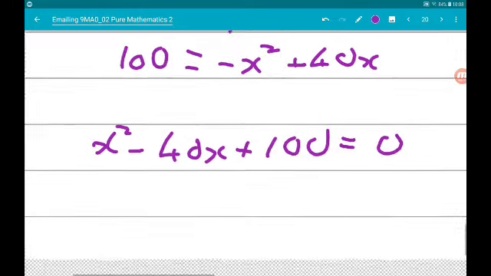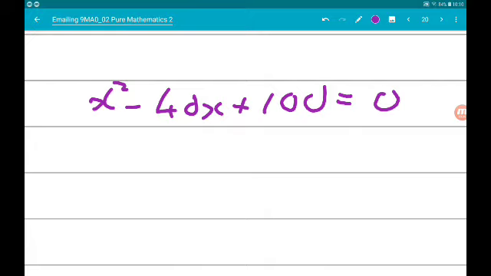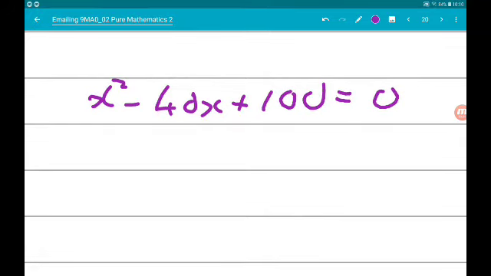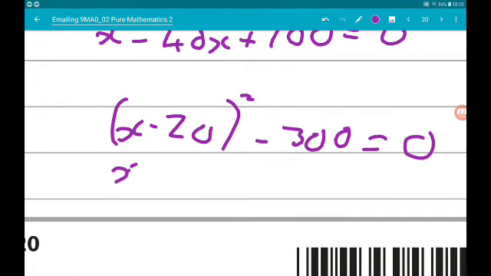Does this factor? Doesn't look like it, so I'm going to complete the square here. You could use the formula. So if we complete the square, we get x minus 20 squared, minus 20 squared on the outside, which is 400. So minus 400, add 100, gives us minus 300 is equal to 0. Add 300, x minus 20 squared is equal to 300.